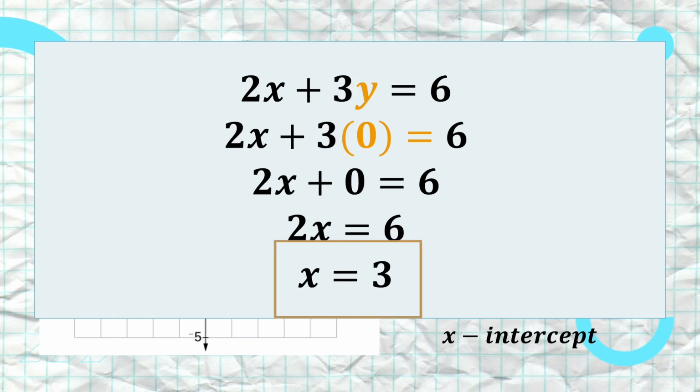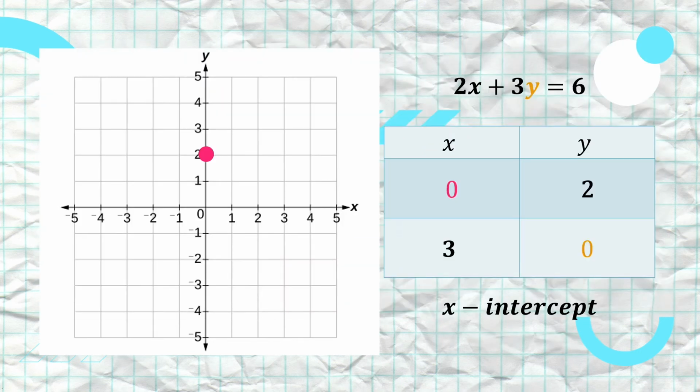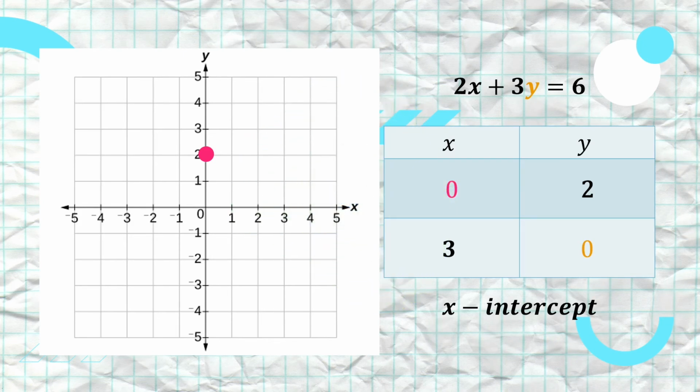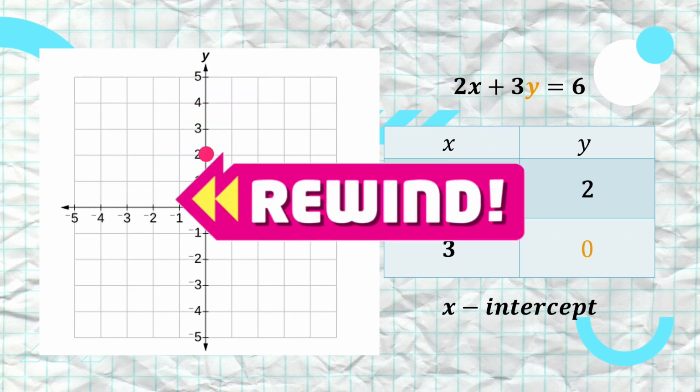If y is 0, the value of x is 3. So the coordinates of the x-intercept will be 3, 0. Wow! You're amazing at this! Did you find the solution too fast? You can rewind the video if you want to do it again, before we plot this last point.